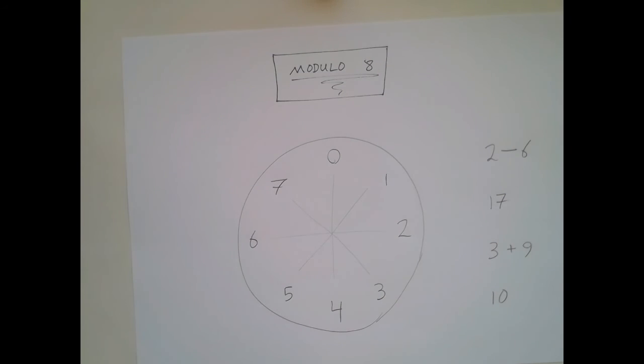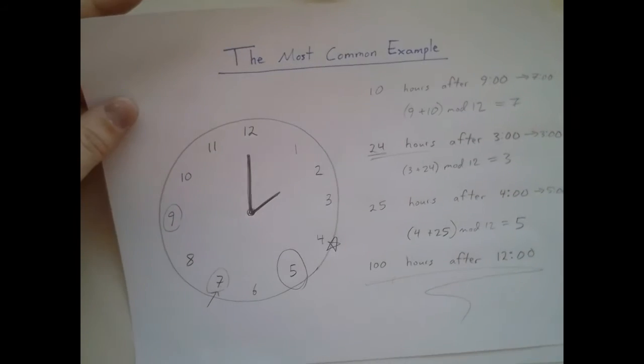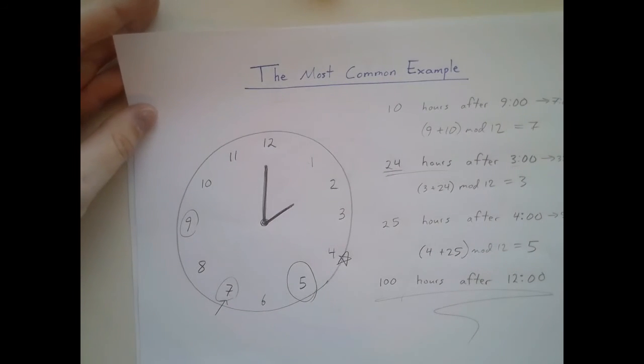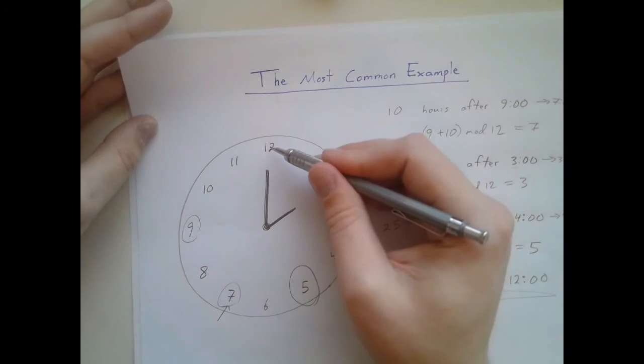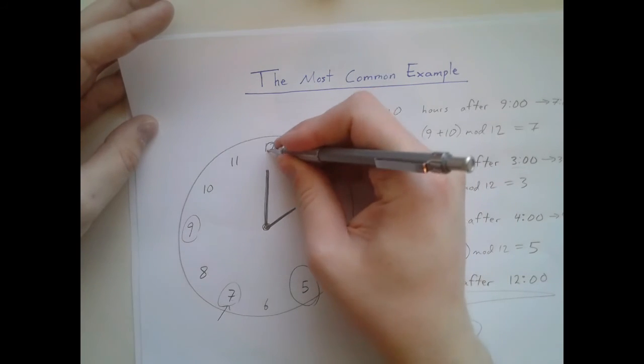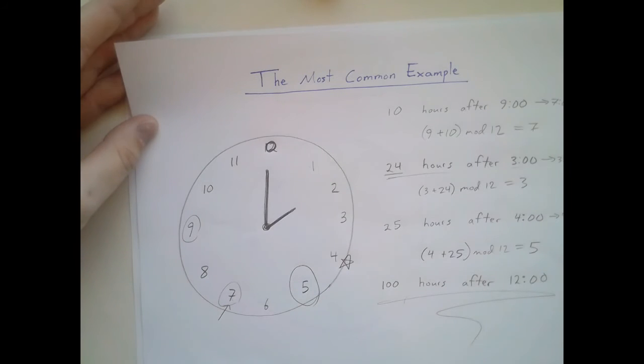There's one thing on that clock, the one we were looking at earlier, that technically wasn't right if we're talking about modular arithmetic, because this would be mod 12. Technically, this 12 should be a 0. So in mod 12, the only values you would get would be 0, 1, 2, 3, 4, 5, 6, 7, 8, 9, 10, 11.